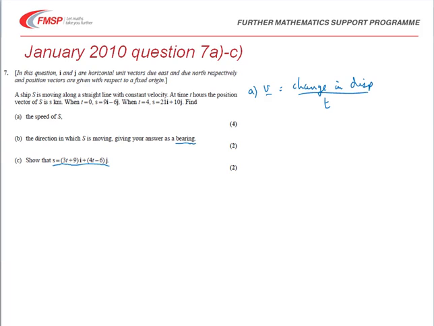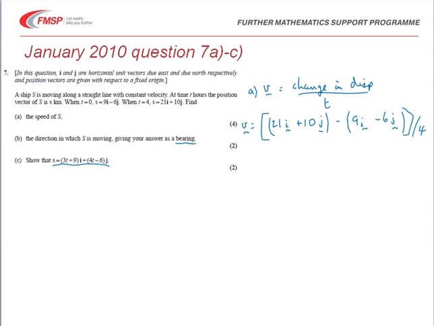That simply comes from taking the 21i plus 10j, which is the final position that we know, subtracting the initial position 9i minus 6j, and dividing that all by the time, which is 4.